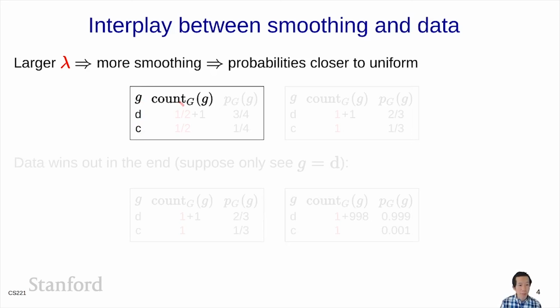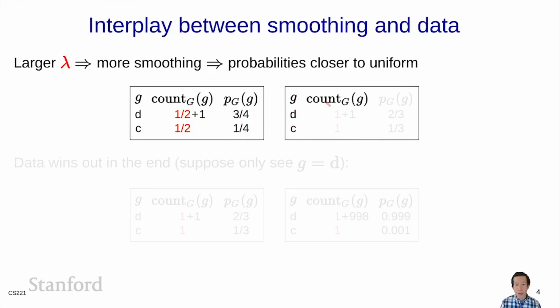For example, if I smooth with lambda equals 1/2, and I observe only a D here, then the probability estimates are going to be 3/4 and 1/4. Whereas if I smooth with 1, then the probabilities are going to be 2/3 and 1/3, which is closer to 50/50.